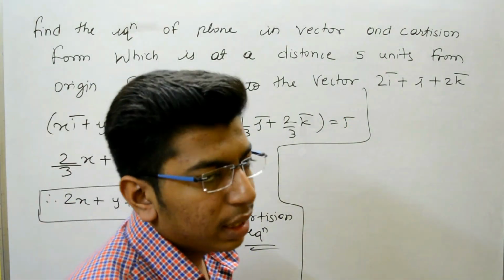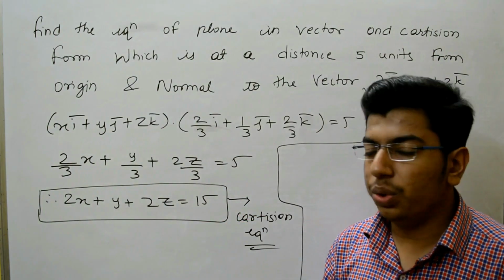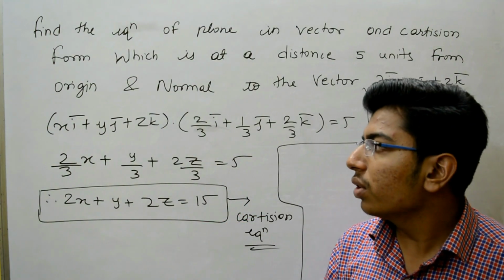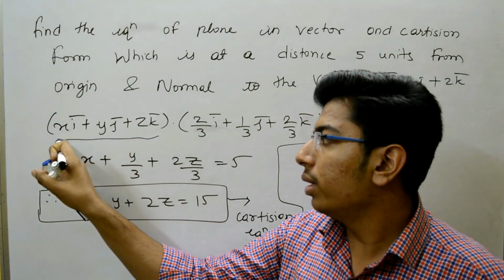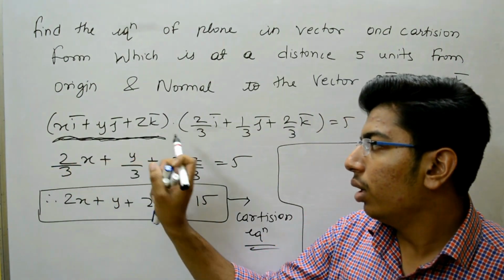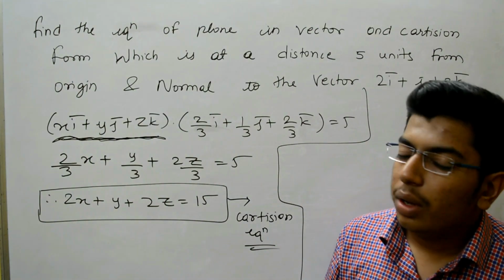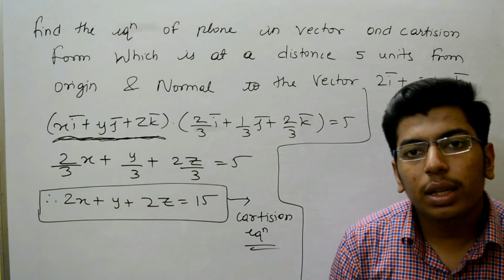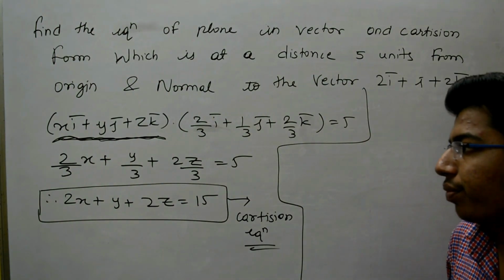To find the vector equation, we do not have to substitute r equal to xi bar plus yj bar plus zk bar. This substitution is not required while finding the vector equation of the plane.